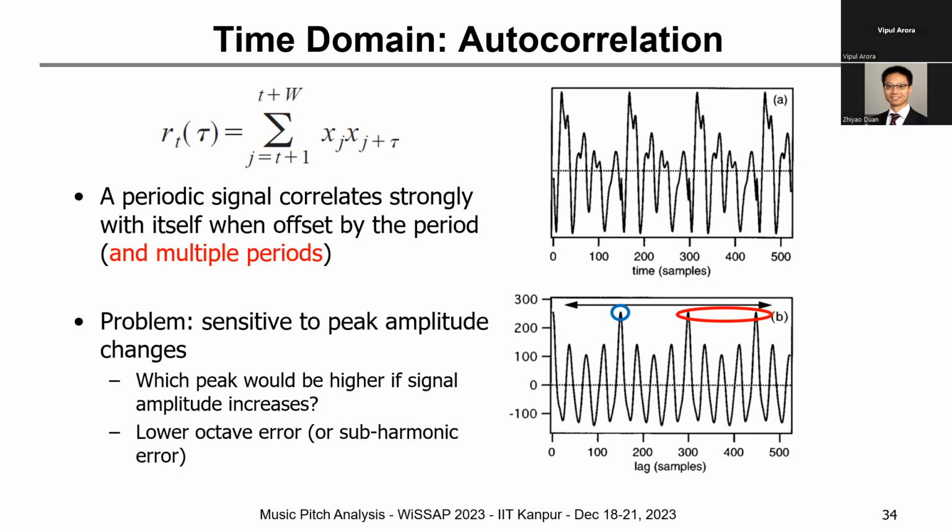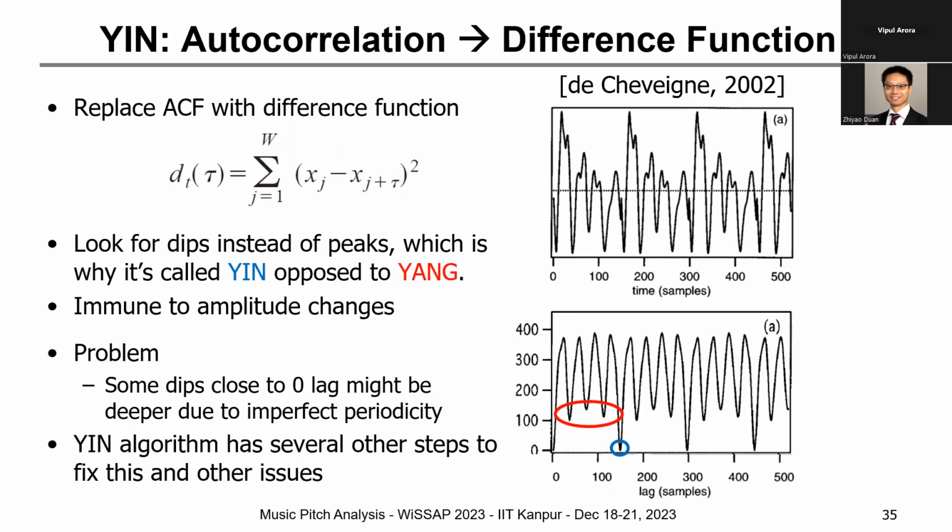That's not good. So people later proposed to use a difference function to replace the multiplication between the shifted and the original signal. If you expand this polynomial, you have the square terms and also the cross term. The cross term is exactly the autocorrelation term we have seen before.